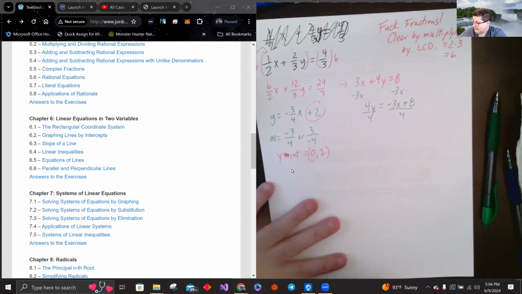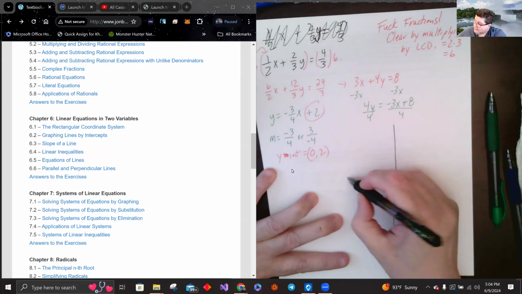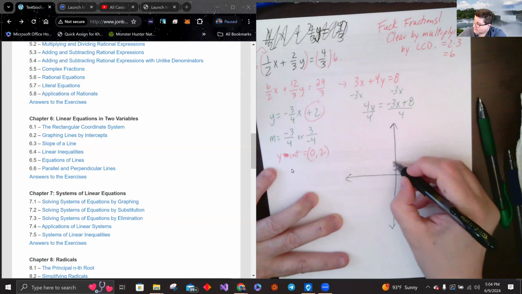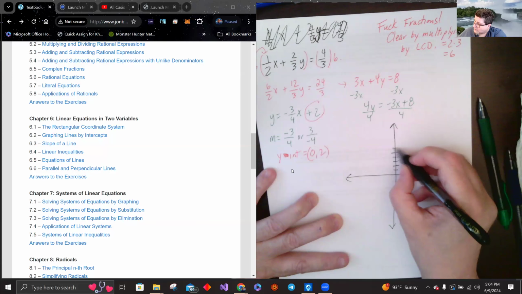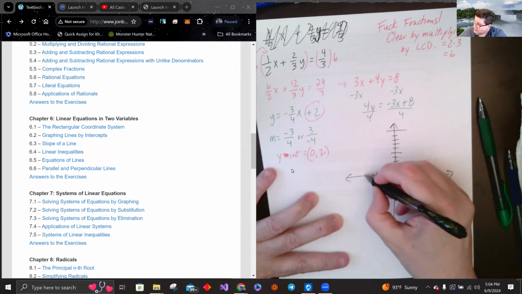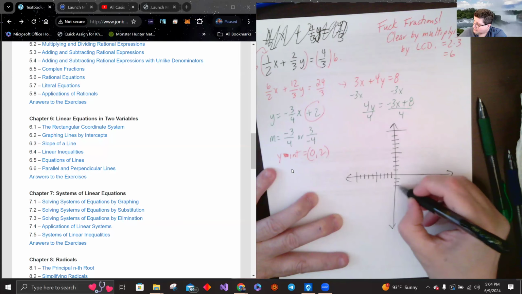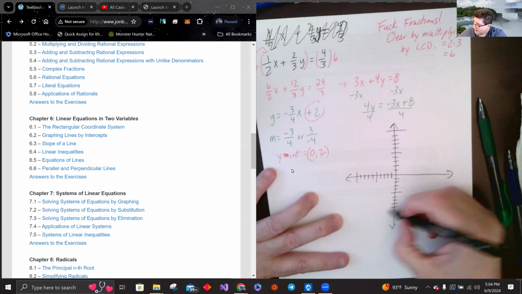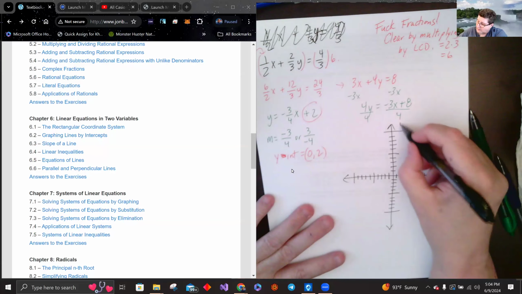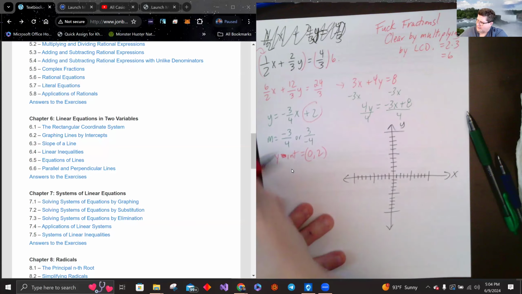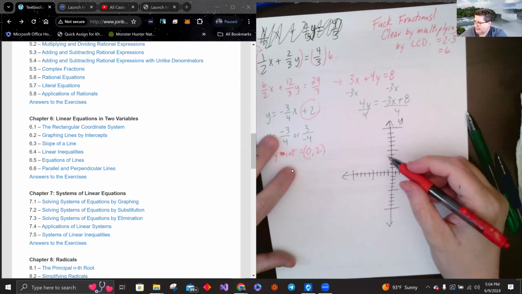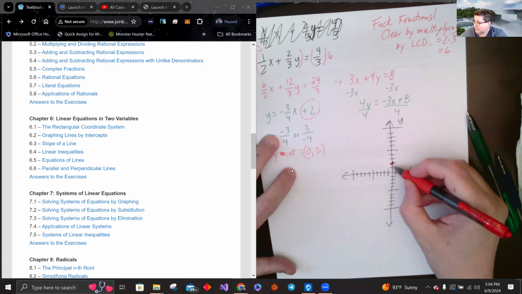So if I graph that, 0, 2 is right here. If I do the negative 3, 4, it's rise of negative 3, which is down 3.